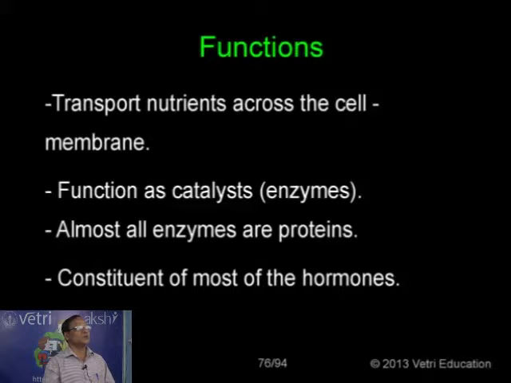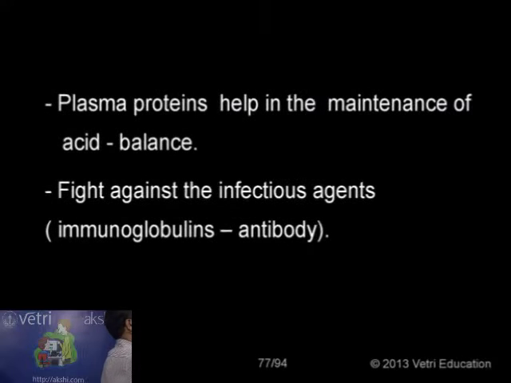These are all protein hormones. So some of the hormones are actually proteinaceous. Some of the hormones are steroids in nature. But other than these, most of the hormones are made up of only proteins.